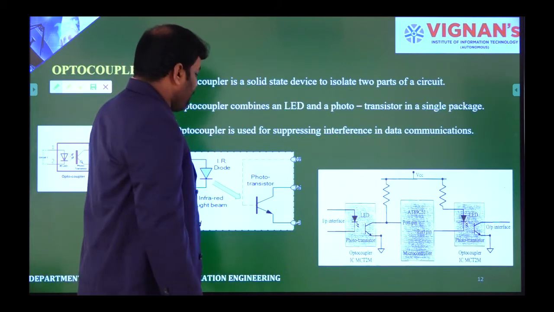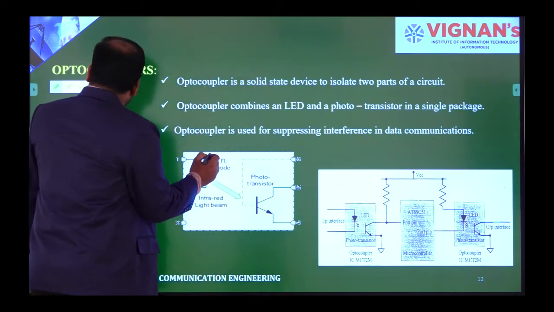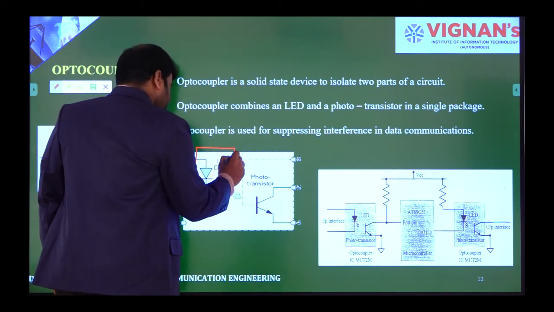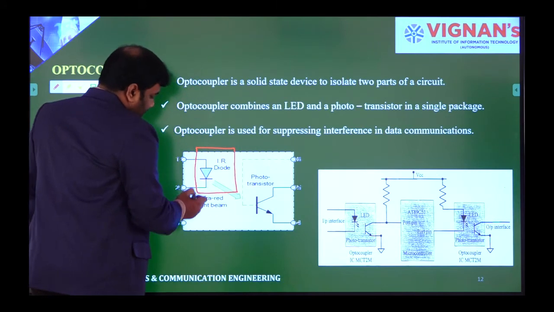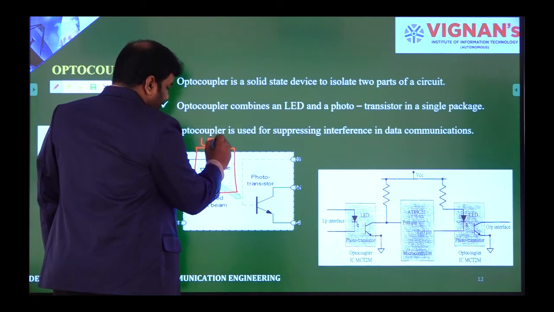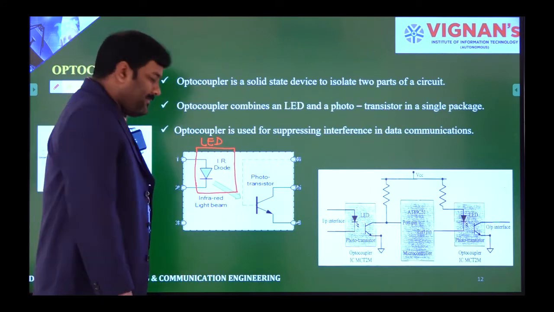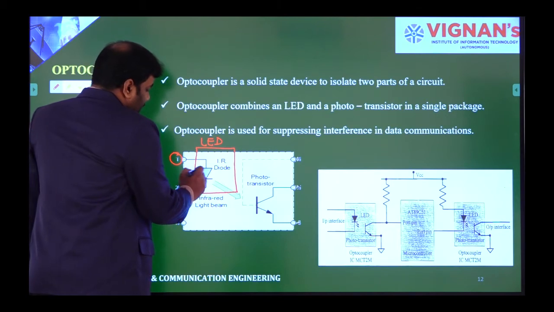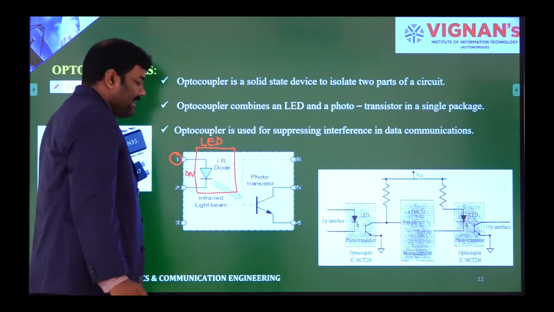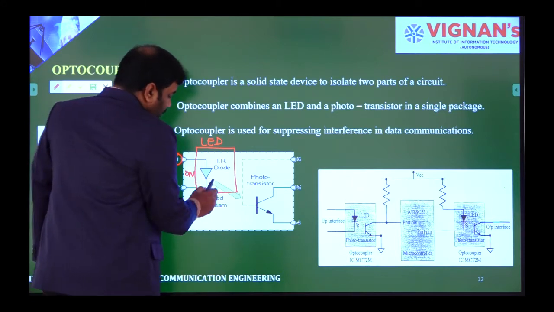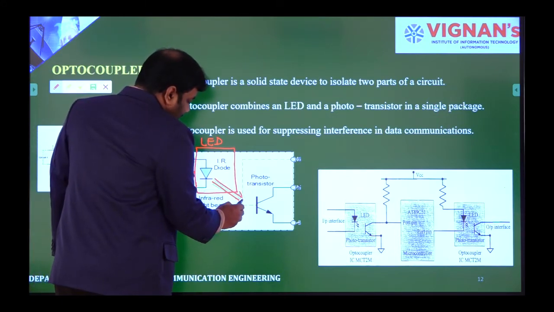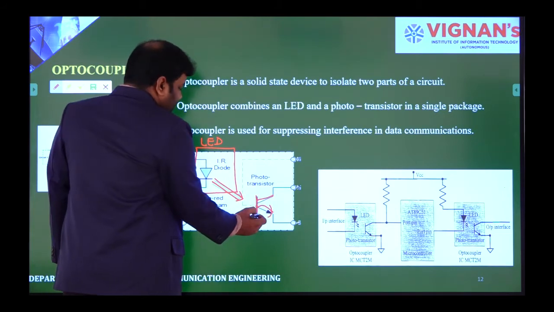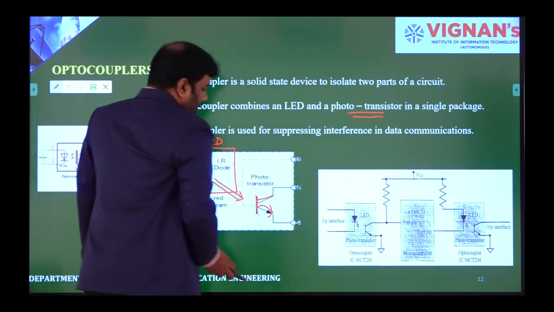Here I have one more example. This is my IR diode, which can be used as a pure LED, a light emitting diode. When we give input signal as 1, then obviously this diode will turn on and light will be emitted from the diode, and that light becomes the input for this transistor, which we call a phototransistor.